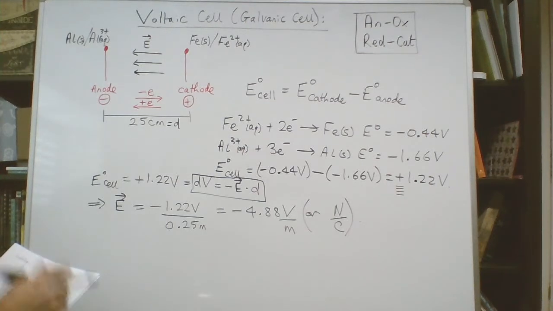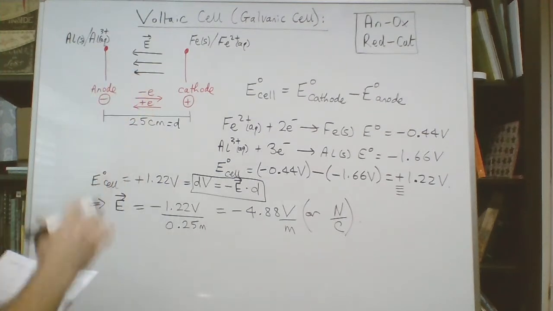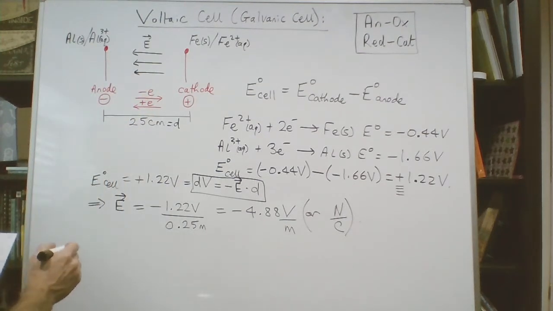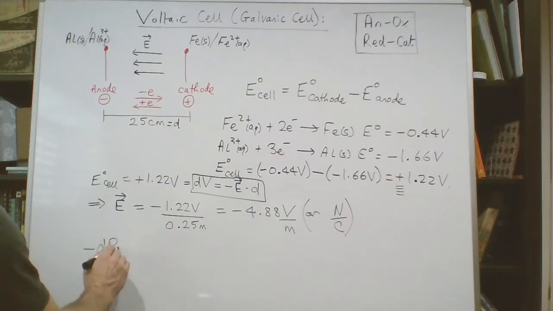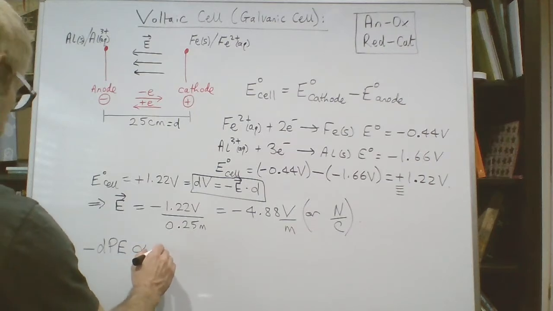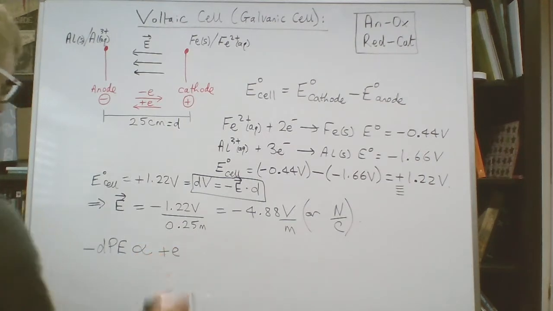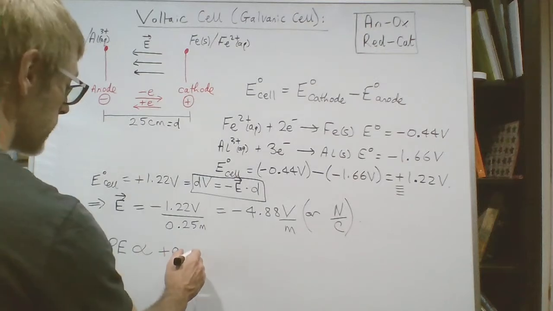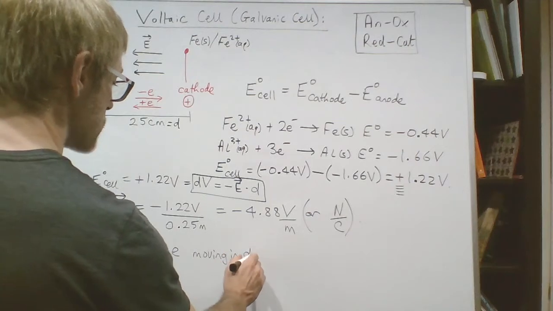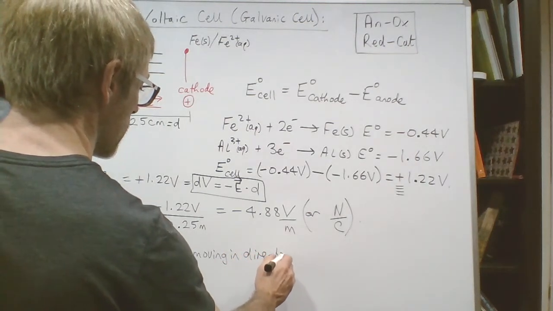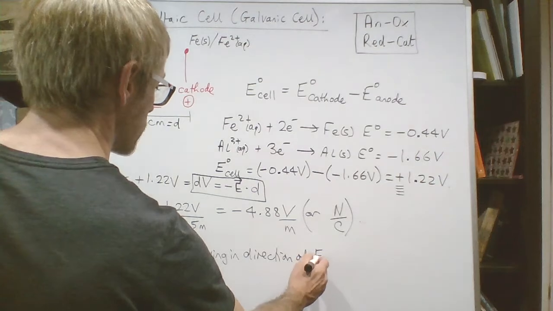Before we finish with this board, let's remind each other of the following and we'll interpret what's going on. So we've said previously that a negative change in potential energy is proportional to a positive charge moving in the direction of the electric field.